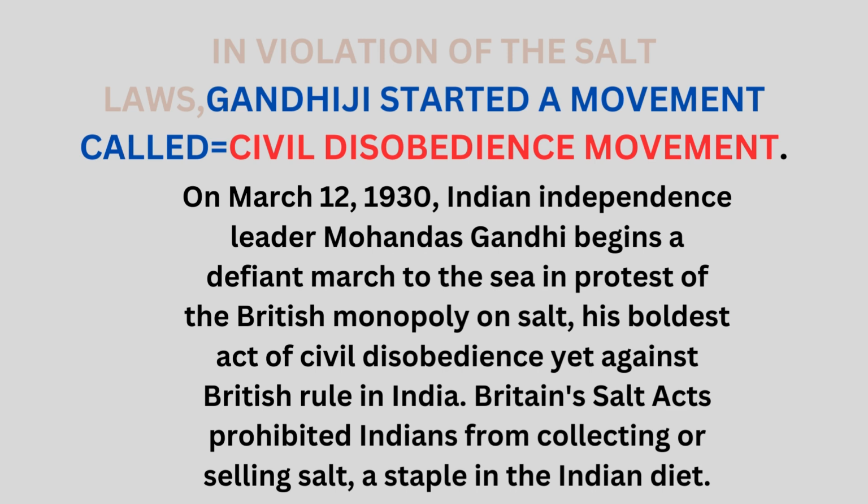On 12th March 1930, Indian independence leader Mohandas Gandhi began a defiant march to the sea in protest of the British monopoly on salt, his boldest act of civil disobedience yet against British rule in India. British Salt Acts prohibited Indians from collecting or selling salt, and salt was basically a staple in the Indian diet.